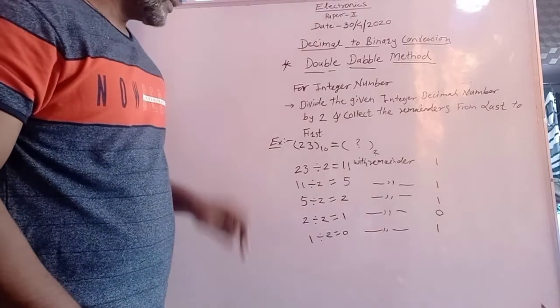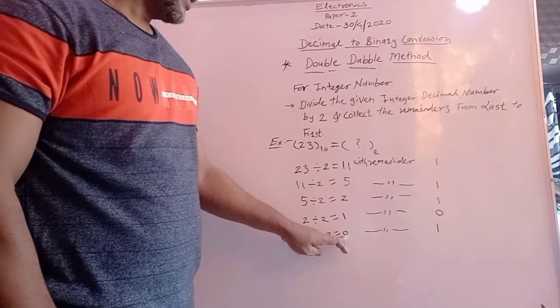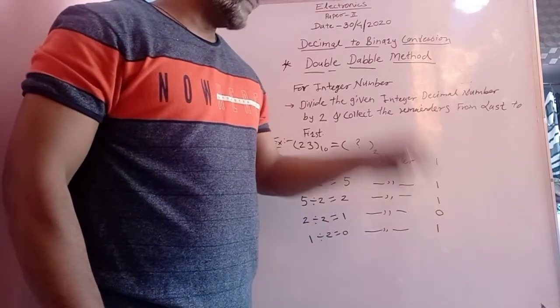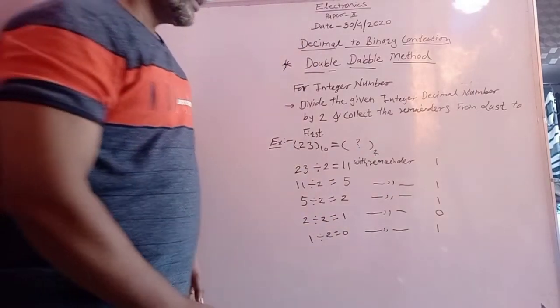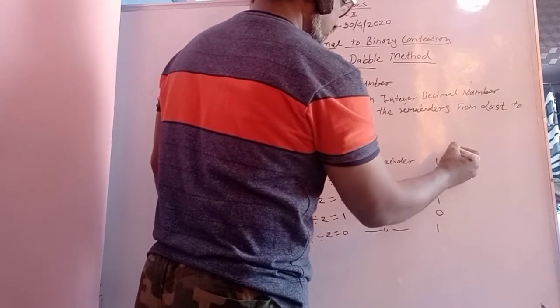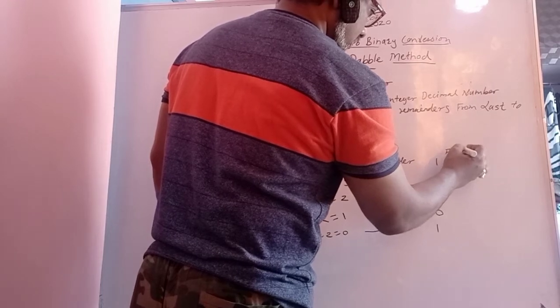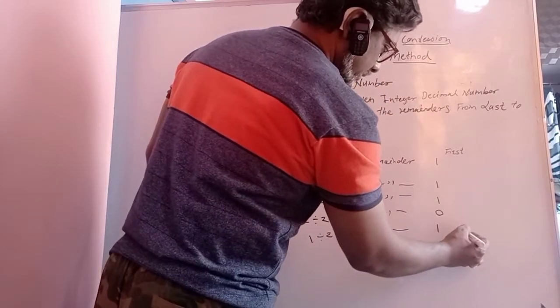Okay, so successively you have to divide the given number by 2 until you get 0. At last it becomes 1. Then this one is the first, and this one is the last.